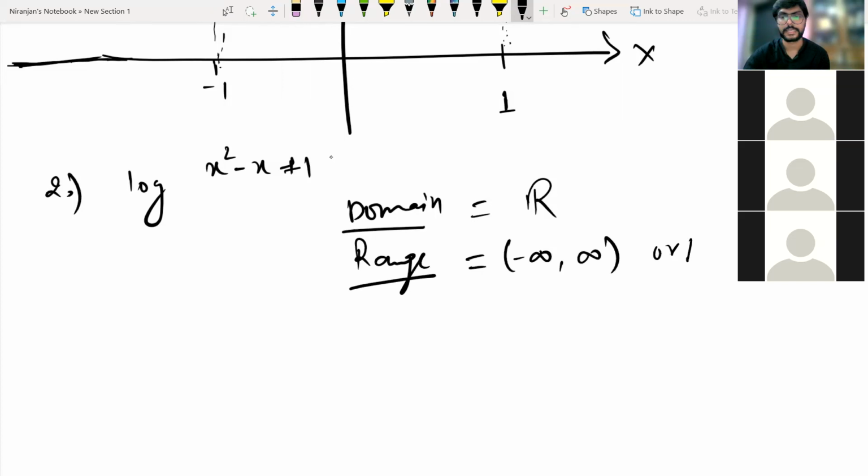Or can anyone just tell me the intuition? Not you, Nitya. You have spoken enough. I want to hear from you guys. Dipanshi, why do you think domain and range both are R?